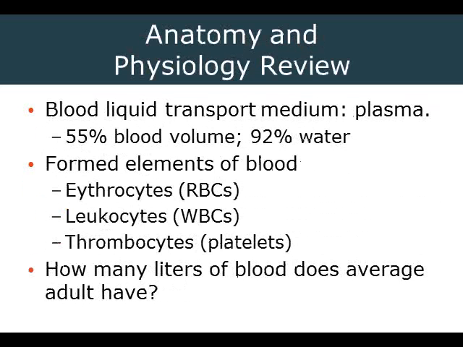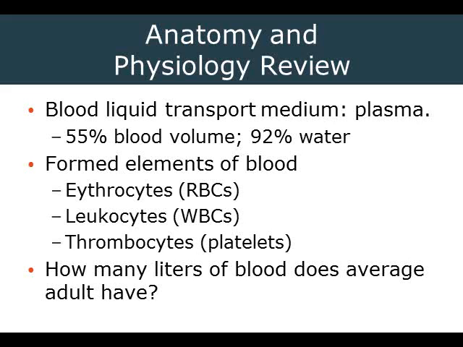All right, so blood, as we recall, is roughly 55% plasma, and 92% of blood plasma is water, so about 8% is other elements, proteins, and so on and so forth. Then, of course, we have the formed elements of the blood.